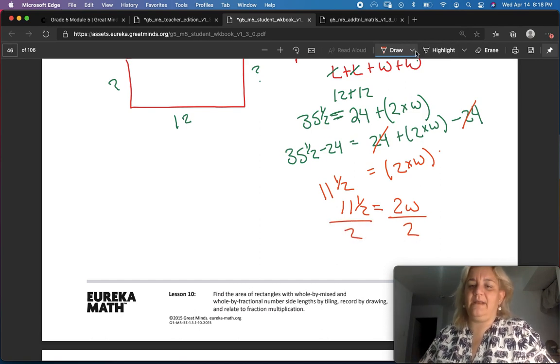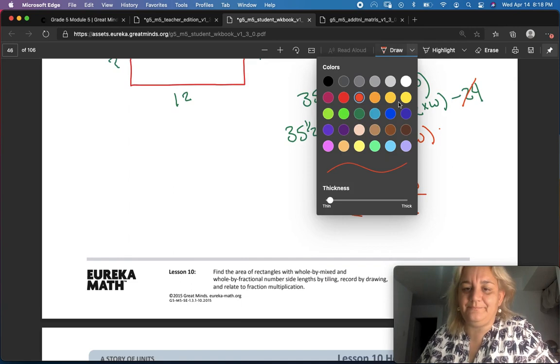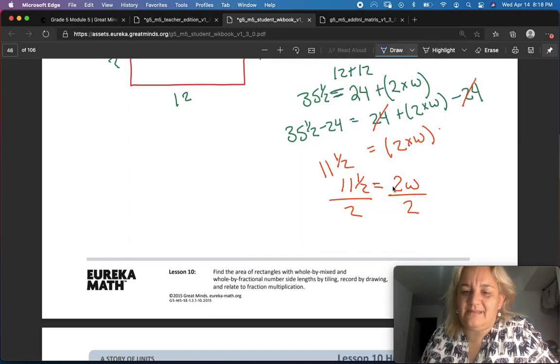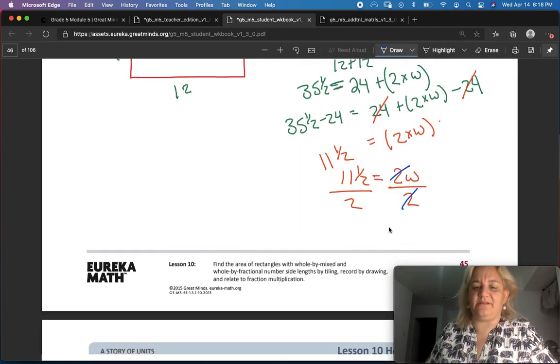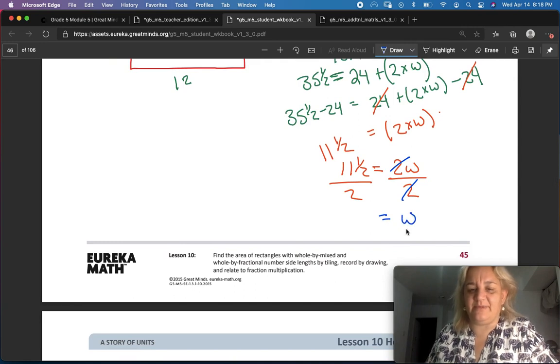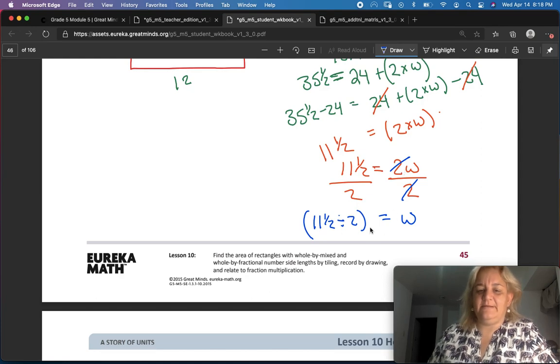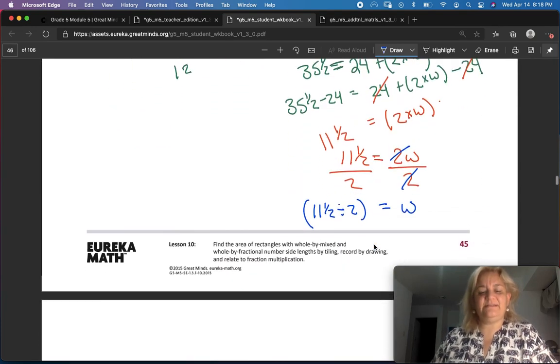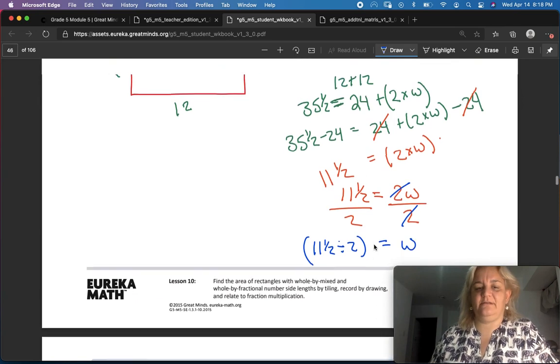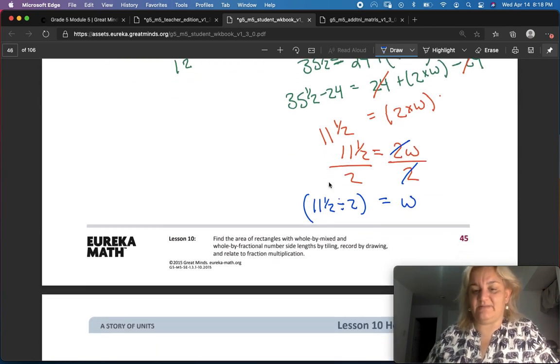What happens? Well, this 2 and this 2 cancel each other out, and all I'm left with is W. And on this side, I have 11.5 divided by 2, right? 11.5 divided by 2. Oh, is this new for you? This has got to be completely new for you. But this is exciting. This is where math gets really fun.